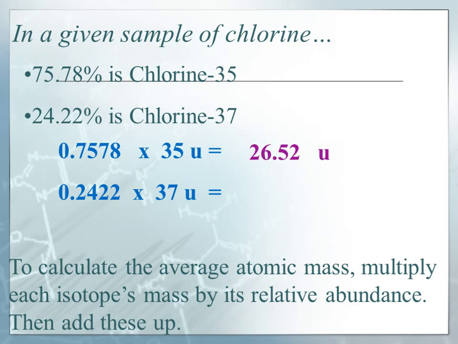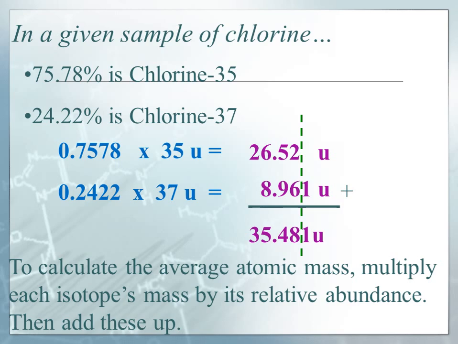That's going to give us 26.52 AMU for the first isotope and 8.961 AMU for the second isotope. Notice that we do round off for significant figures each step, because at first we're dealing with multiplication, now we're dealing with addition, and the two rules differ. When we add, you should come up with 35.481 atomic mass units.